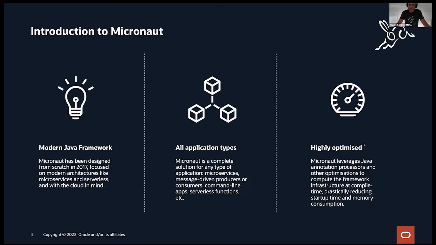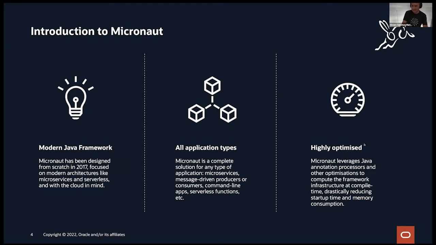The second idea is that you can use Micronaut for all application types. People use it typically for writing microservices like REST APIs, but you could use it for anything else, for example, message-driven applications where there's no HTTP server listening, like a Kafka consumer producer, or even command line apps, serverless functions, whatever.